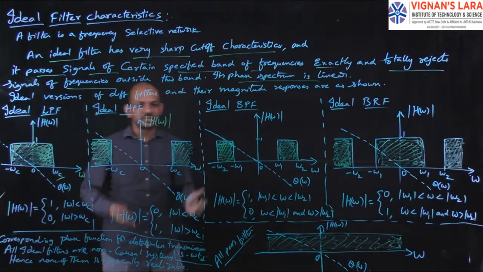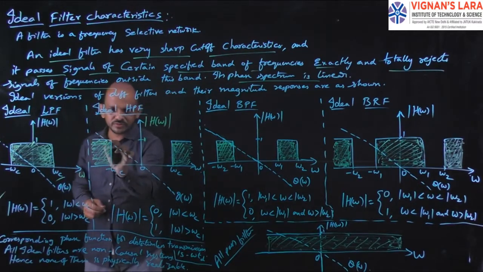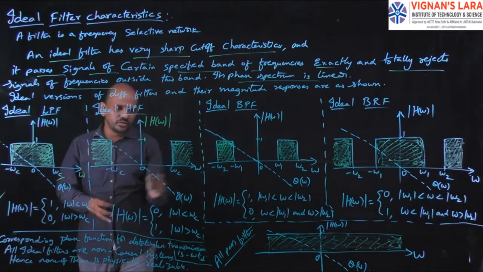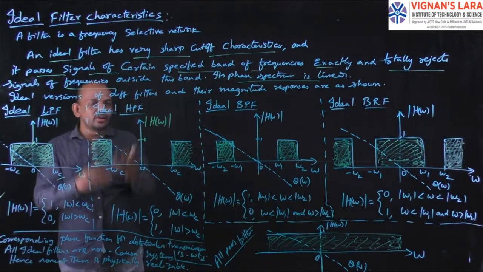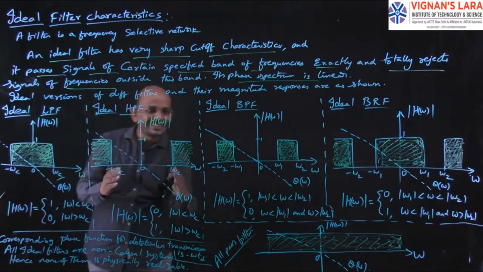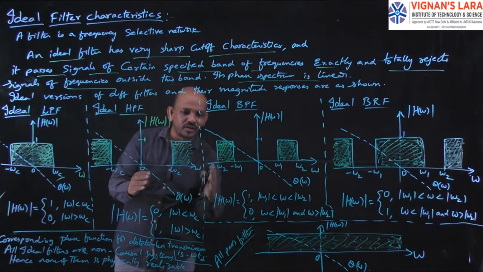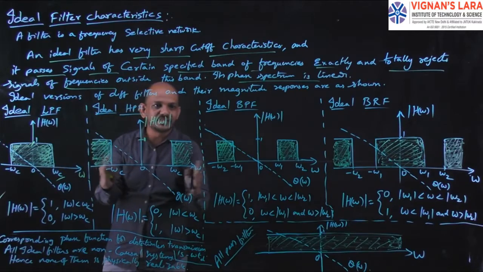If you draw the graph for this one, this is the magnitude 1. Now omega c is the cutoff frequency, and this is minus omega c. This ideal high pass filter will allow the signals which are greater than omega c and before minus omega c. So outside of this, it will allow all the signals.